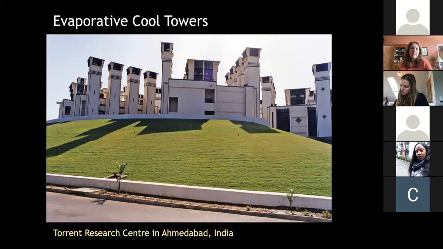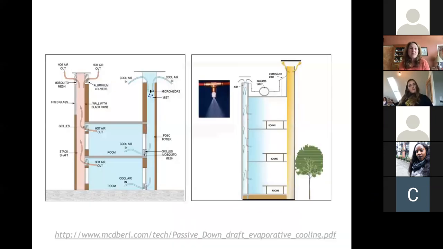Here's an example of evaporative cool towers gone wild. I've never seen so many on a single building before. This is in Ahmedabad, India. And what's interesting about this is that it's really a combination of the evaporative cool towers, which is shown here as the blue tower, and also something I'll show in a moment, which is a thermal chimney.